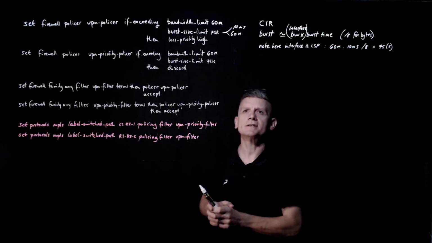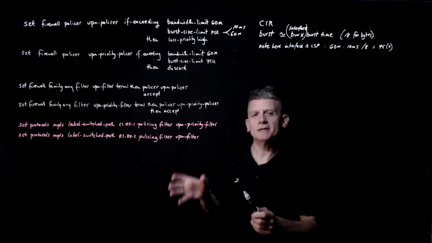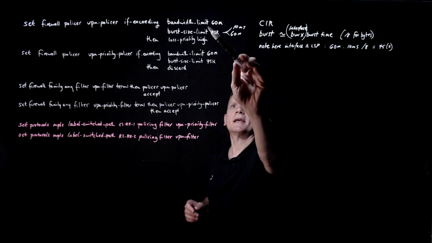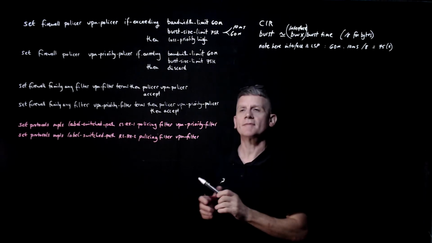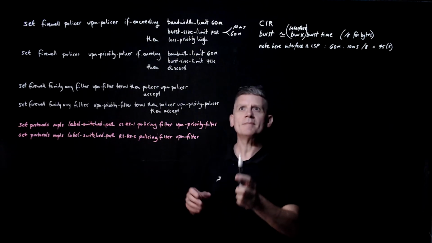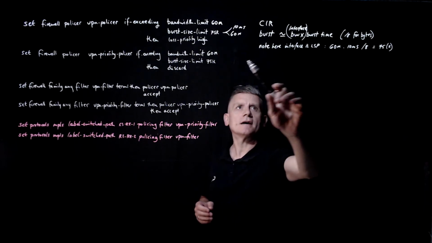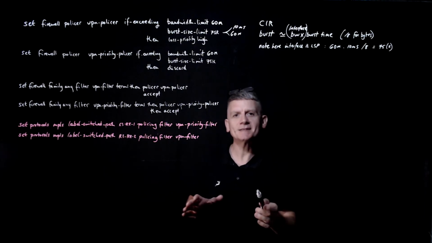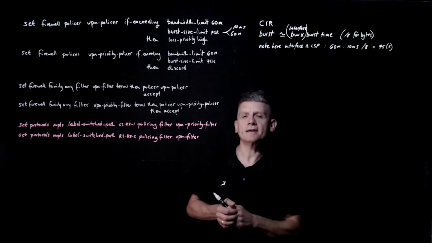Okay, so how are we going to do it? Well, it's a little bit similar to a committed information rate and a burst size. We've got a bandwidth limit here, which is effectively our CIR, and then we have a burst size limit. Now remember that the bandwidth limit would be the interface, but in our case that's actually going to be an LSP, and that's set to 60 meg.